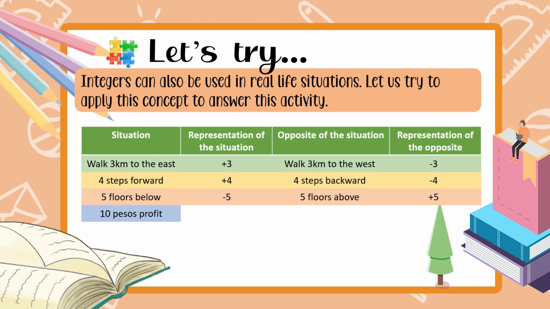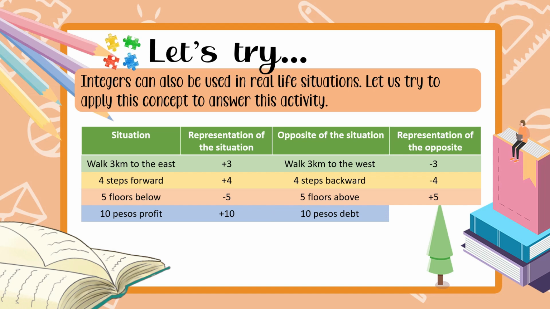When we say profit, kita. Yung kinita, yung tinubo. So, kapag ikaw ay tumubo, that is positive. So, the representation is positive. The opposite of the situation. So, ano yung opposite ng tubo or kita? Utang. So, we have 10 pesos debt. And kapag may utang ka, that is automatic negative. So, which is negative 10.